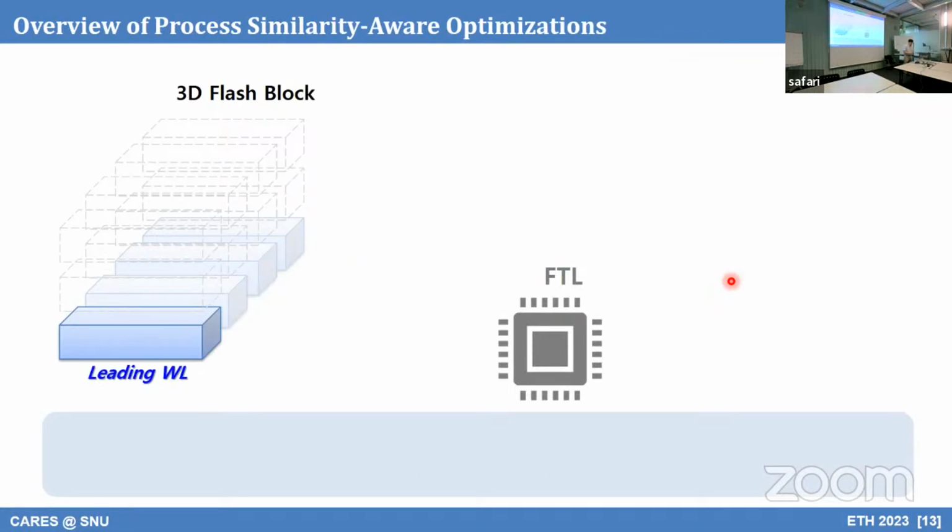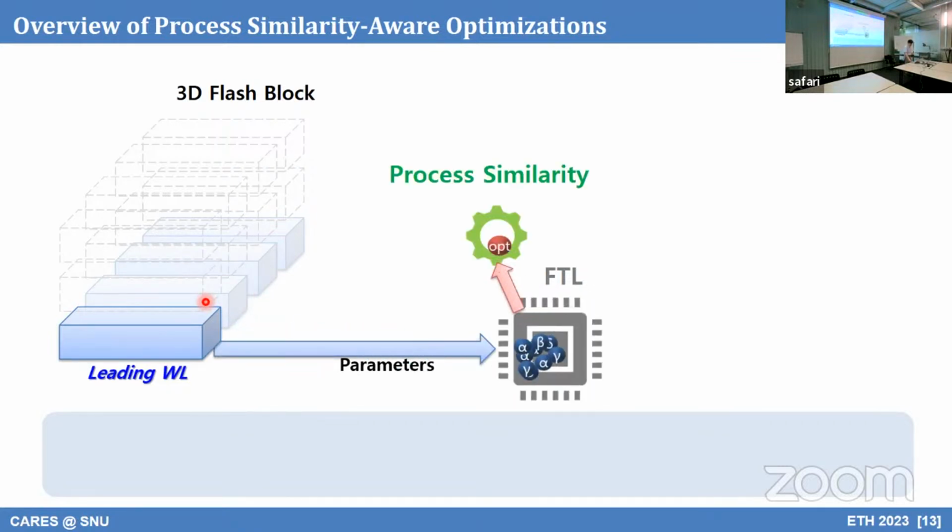Okay. So for example, this is the overall idea. Because there is strong process similarity, what we can do is, for this particular layer, 1 horizontal layer, we pick 1 word line. It doesn't matter which position. Any one of these 4 word lines we can choose, and we understand its parameters, and then based on these parameters, we optimize the operation.